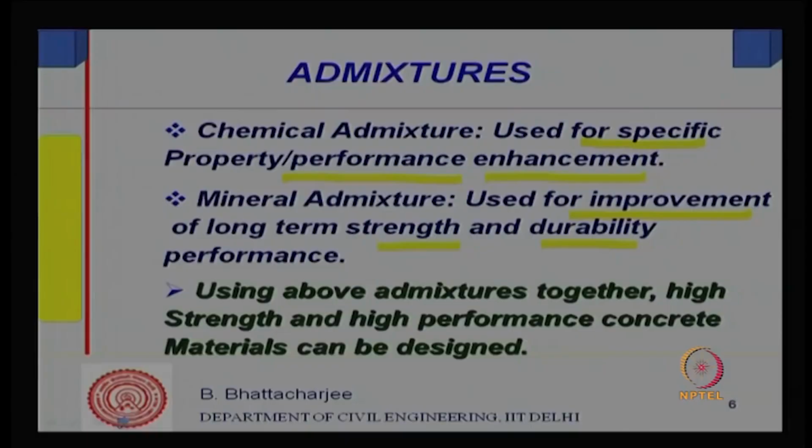Of course, manually produced, non-engineered concrete may not include them, but engineered concrete definitely includes these 2 items as well. And using these admixtures, it has become possible to obtain modern high strength and high performance concrete, and you can design the concrete as you like. So, this is what concrete is.